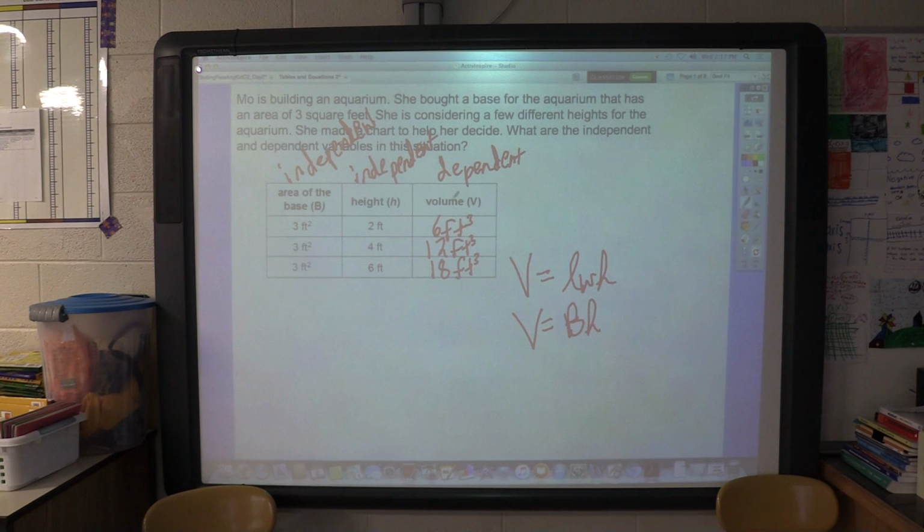I use this model, this chart, to help me write down the volumes of the aquarium. So you could just multiply it. I could have just said 3 feet squared times 2 feet gave me 6 feet cubed. 3 feet squared times 4 feet gives me 12 feet cubed. 3 feet squared times 6 feet gives me 18 feet cubed.